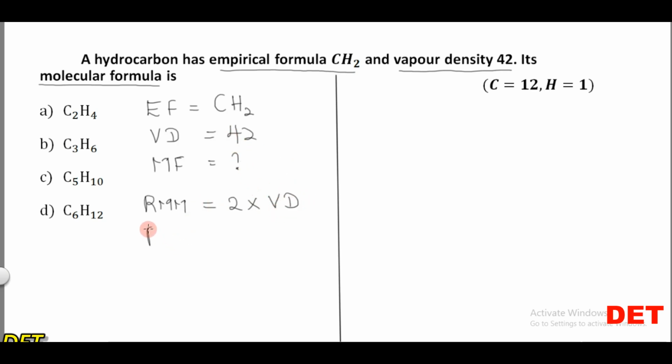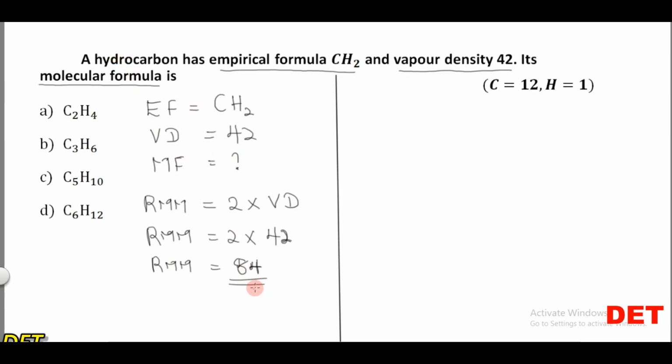So the relative molecular mass of this compound will be equal to 2 times 42, and that will give us 84.